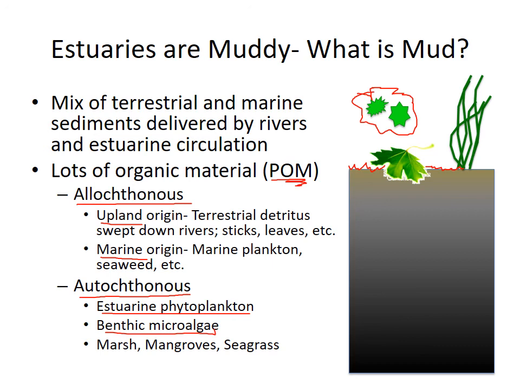And then marshes, mangroves, and seagrass. These are all types of plants that grow in and on the borders of estuaries, and they would be part of the autochthonous organic matter. So it's organic matter that's produced in the estuary and stays in the estuary. So basically there's tons of organic matter enriching the mud of estuaries, for better or worse.